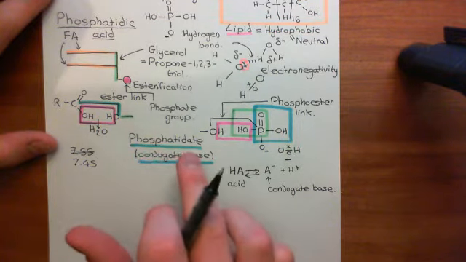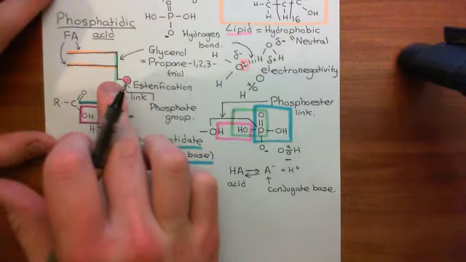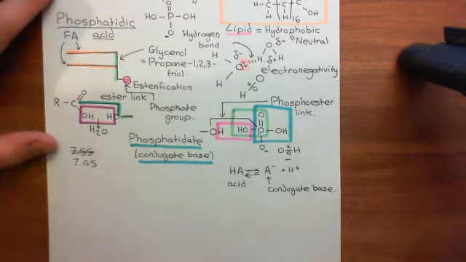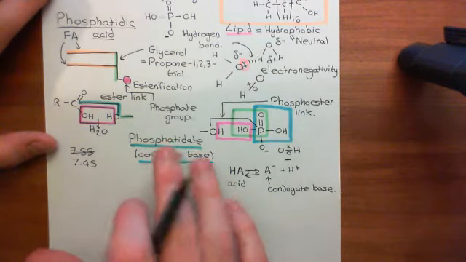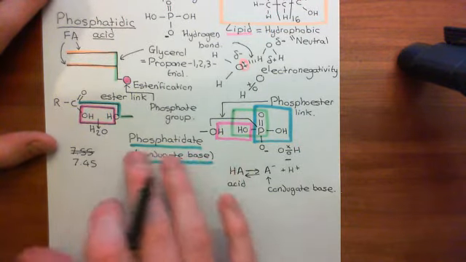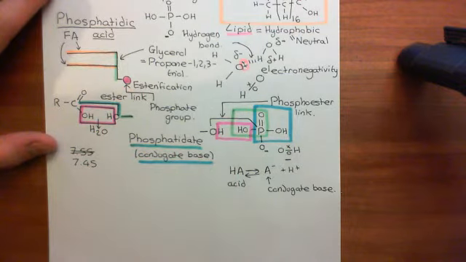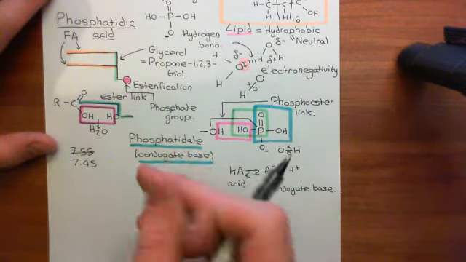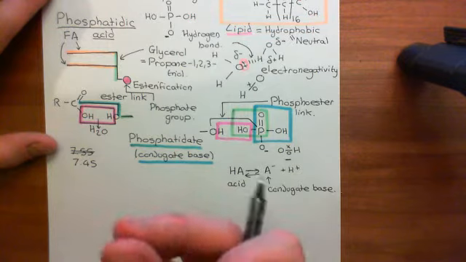So usually most of the phosphatidic acid molecules within a cell will have donated their protons away and therefore will be phosphatidate molecules. So most people talk about phosphatidate rather than phosphatidic acid, but you know, they're just the two sides of a coin, if you like.